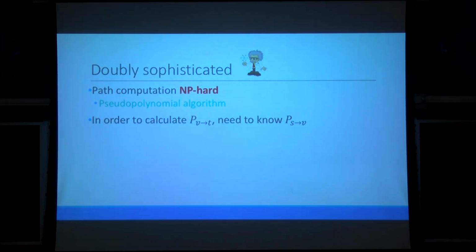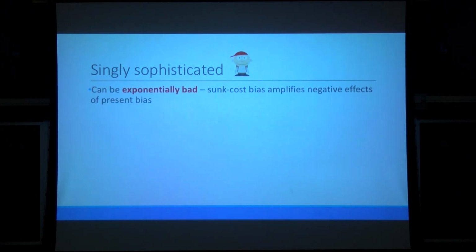And the real issue is that the choices of future paths are themselves path dependent. It depends how you got to V to know what you're going to do going forward from V. Okay, and we can show this through a reduction from subset sum, which I don't really have time to get into. But you can see the paper for more details there.